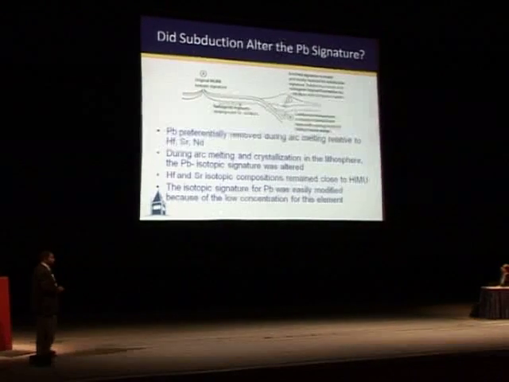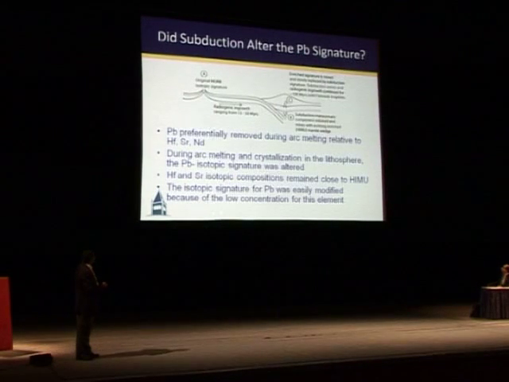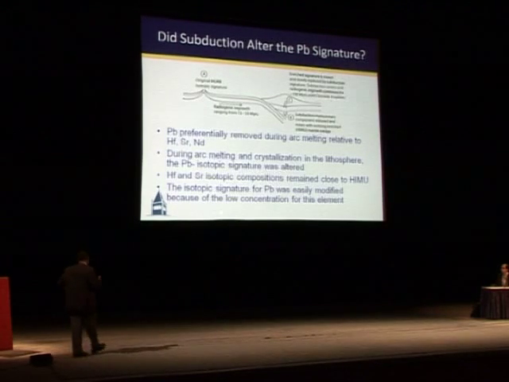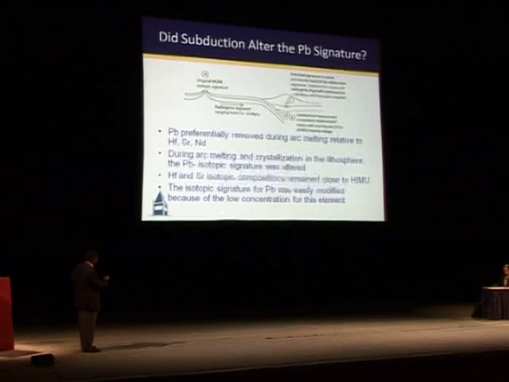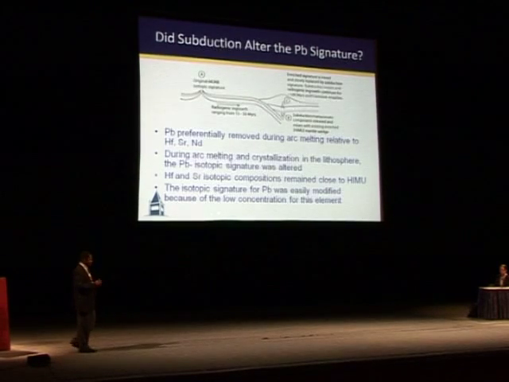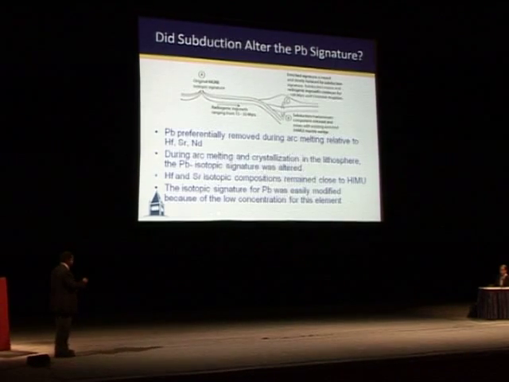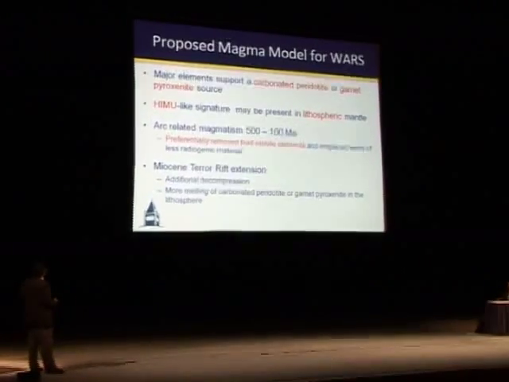We think that this feature developed as a result of volatile mobile elements being mobilized in a subduction zone environment that I described as having existed for some 400 million years along the Paleo-Pacific margin of Gondwana.